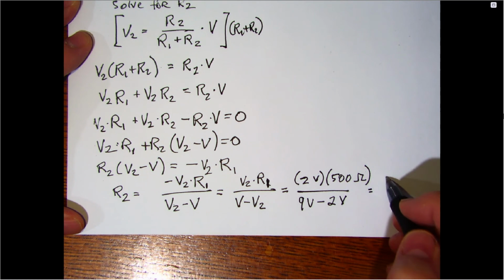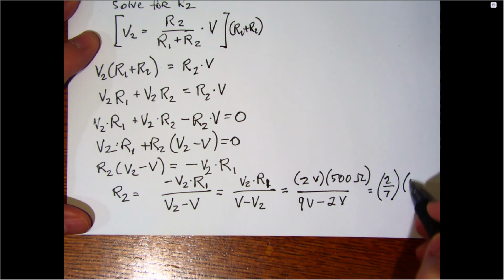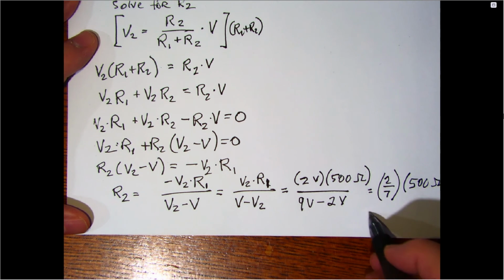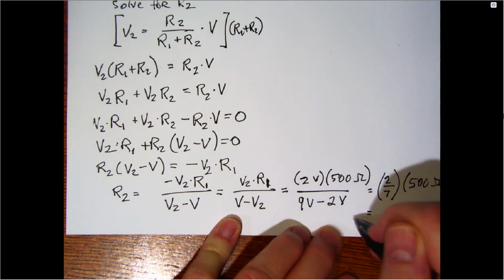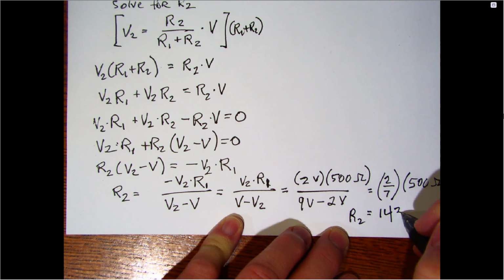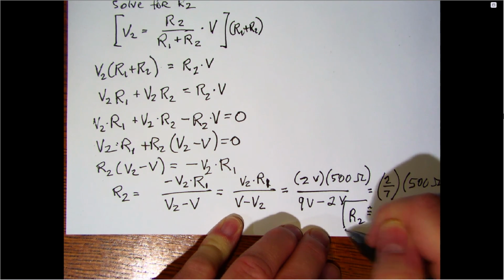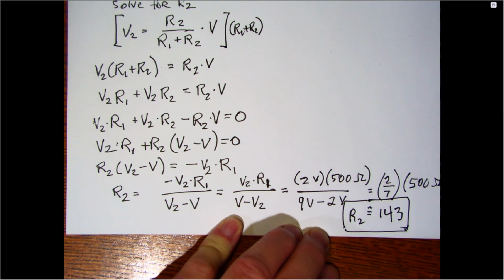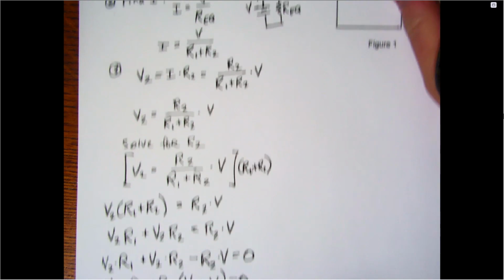So I'm going to get 2 over 7 times 500 ohms. And that's going to give me R2 of about 142.85, we'll say 143 ohms.